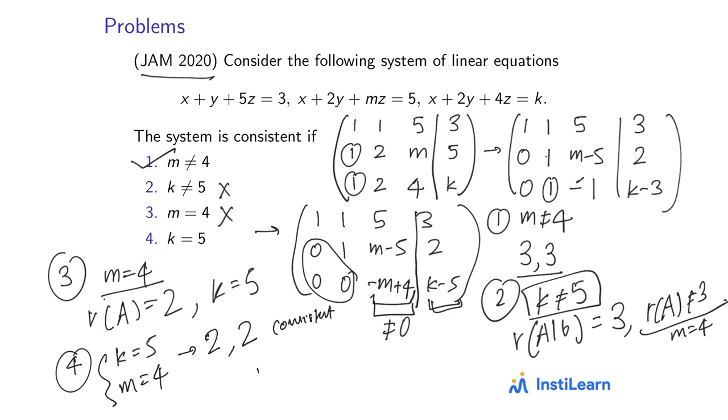Okay, but if k is 5 and m is not equal to 4, then rank of A becomes 3 because m is not equal to 4, so the last row is non-zero. But then rank of the augmented matrix is also 3 because for that also the last row is not 0, and again the system is consistent. So yes, k equal to 5 guarantees consistency of the system. So options 1 and 4 are correct answers.